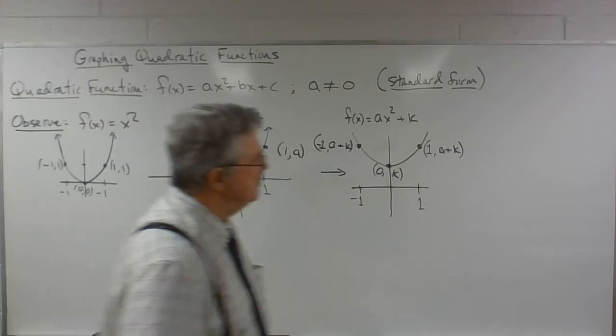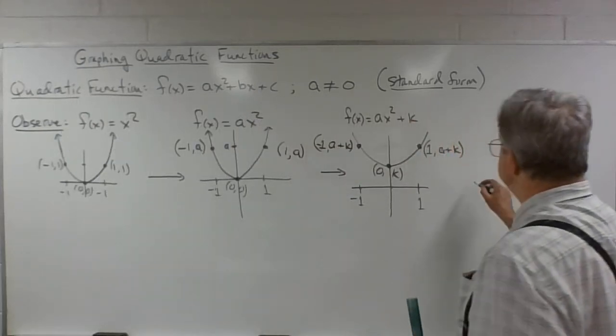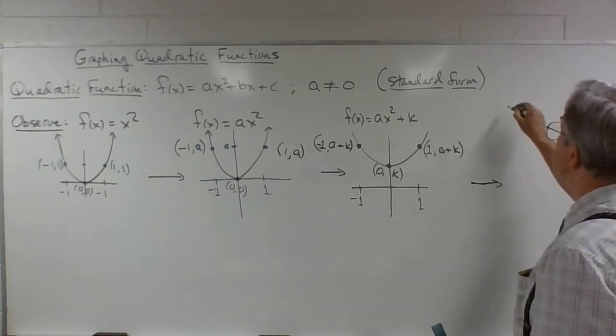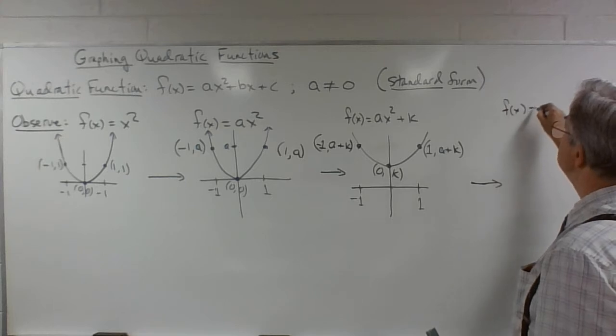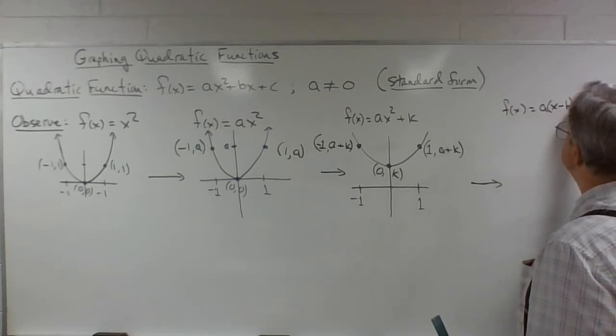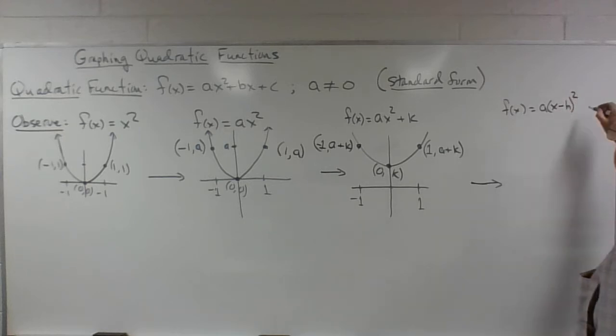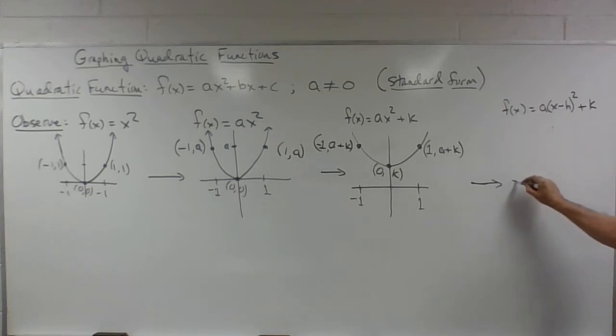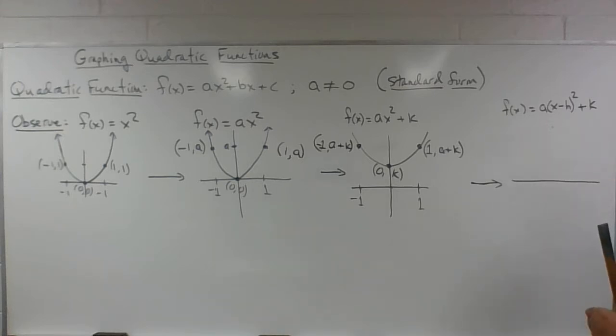And now I can do maybe a horizontal shift. f of x equals a times (x minus h) squared plus k. And remember what this does.